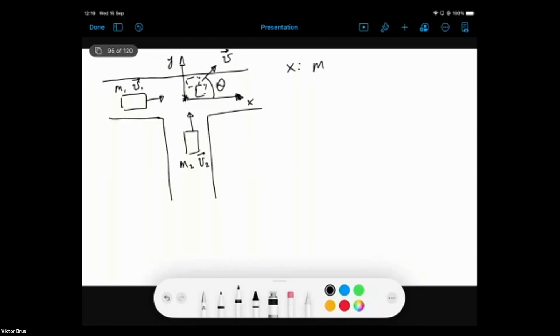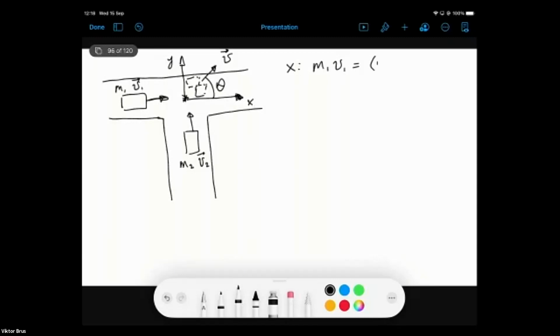Initially we have m1 times v1, because this one is aligned in parallel to axis x and in the same direction as axis x, so it stays with sign plus. Then it is equal to the linear momentum projection on axis x of these two cars attached to each other after collision.